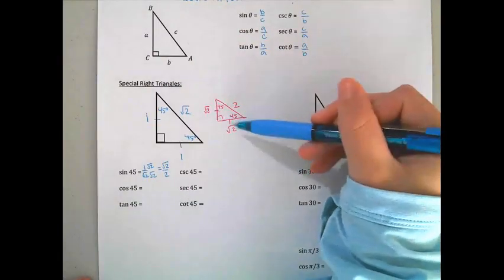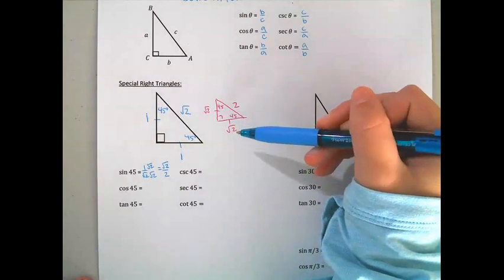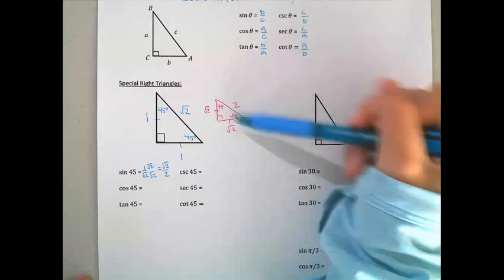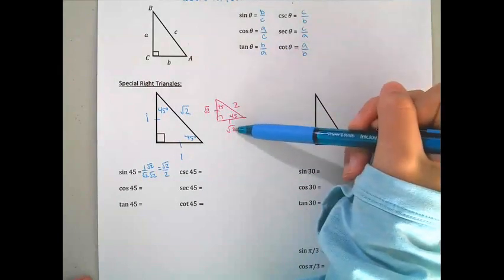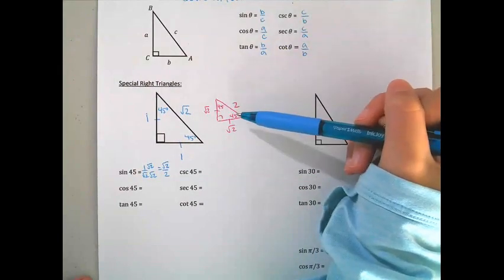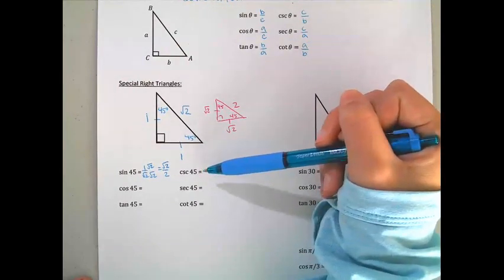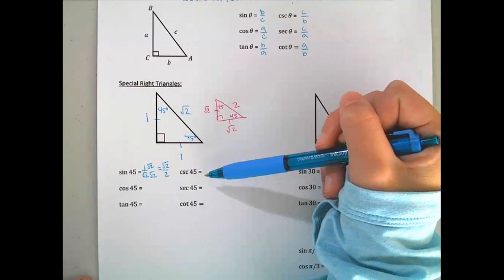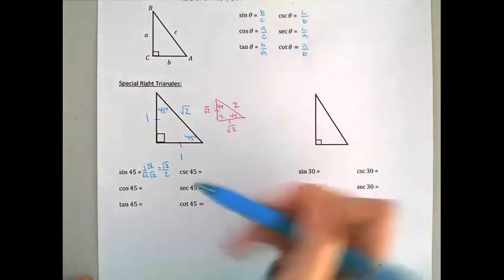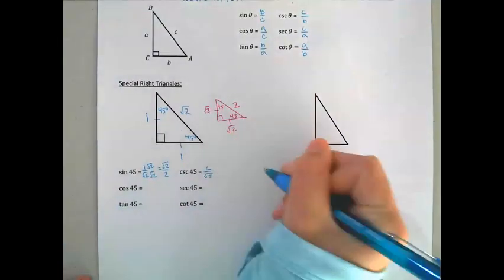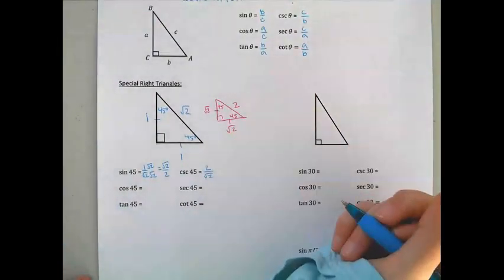If I use the pink triangle, I would get to the root 2 over 2 right away and not even have to do this step because I just get opposite over hypotenuse is root 2 over 2. However, where I don't like that is when I'm dealing with cosecant. Cosecant is one of your reciprocal trig functions, so we can switch this and have it 2 over root 2, but I don't like that because then I have to re-rationalize the denominator, right?